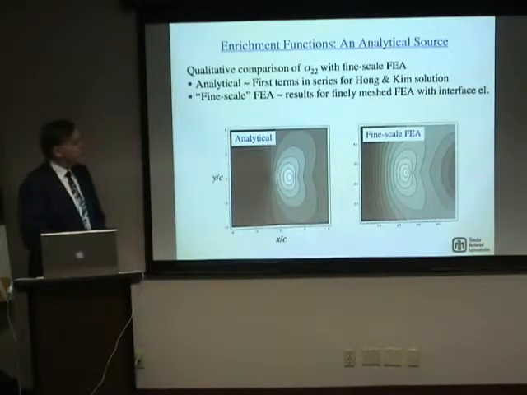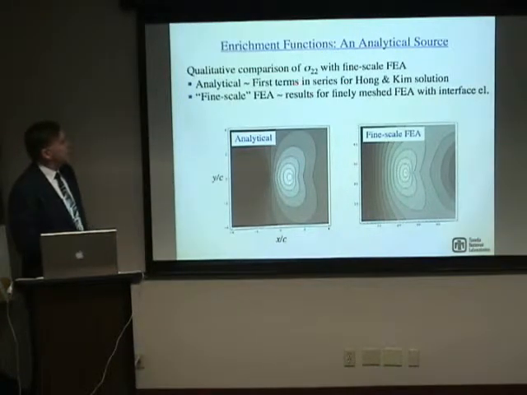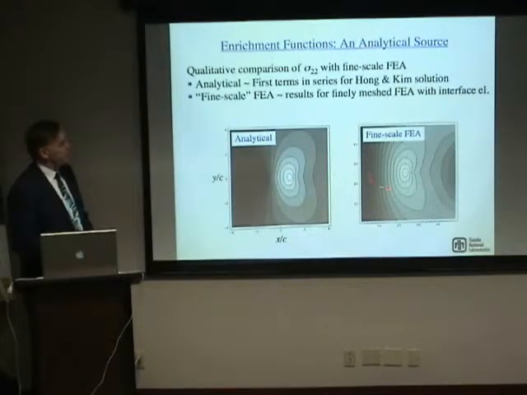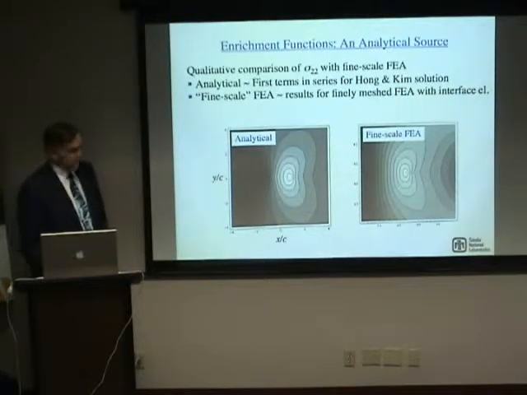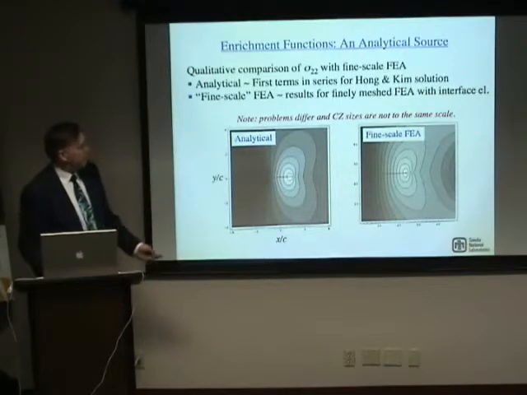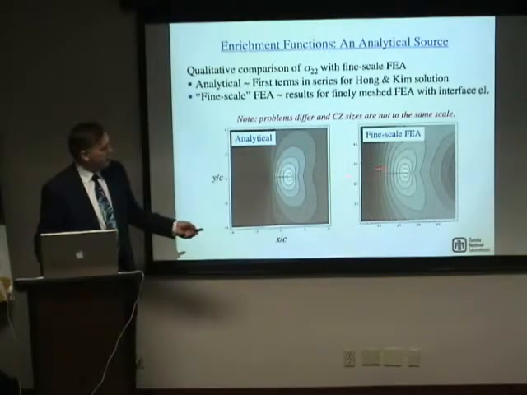The reason that we were interested in doing this is that I initially examined the solution that you would get from just the first terms of these series solutions in Hong and Kim and compared them with a very fine scale finite element model of a model problem that I'll show in a minute. And you can see that the field, this is sigma 2,2, looks very similar. Now keep in mind that they're not scaled the same.